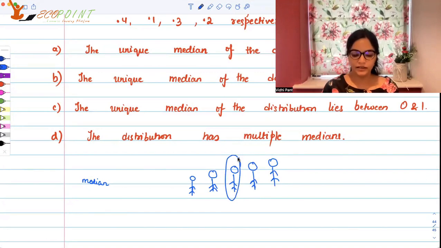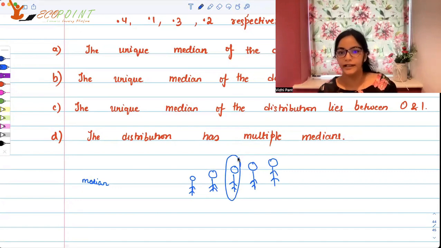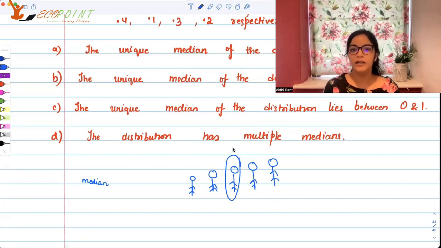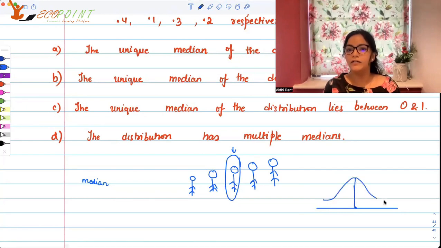So the number of students with lesser height is equal to the number of students with more height than this particular height. So what will be the median height? Median height will be the height of this person, because there are 2 students who have lesser than this height and 2 who have higher than this height. So basically, if I think in terms of area, median is that value of x which divides the area into 50-50%.